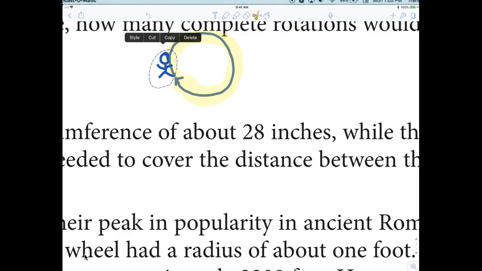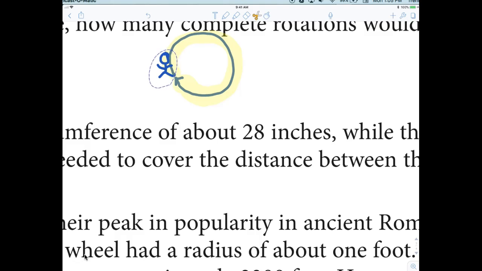Now, why is that helpful? Because when you ride a bike and you travel down the road and your tire rotates 10 times, how far have you traveled? If your tire goes around 10 times, how far have you traveled down the road?